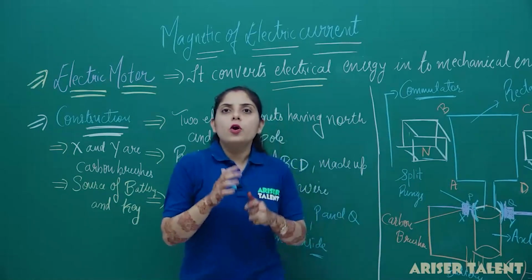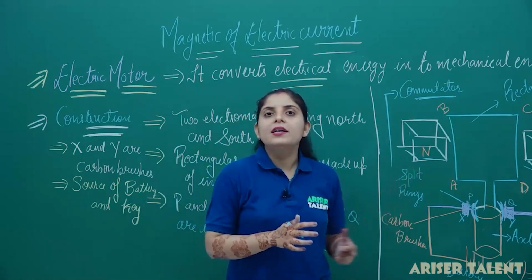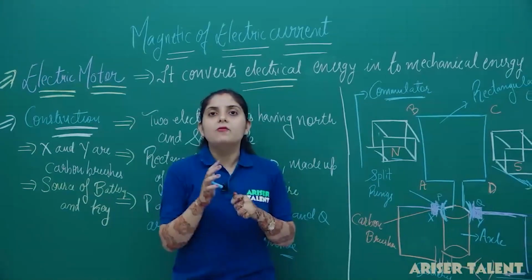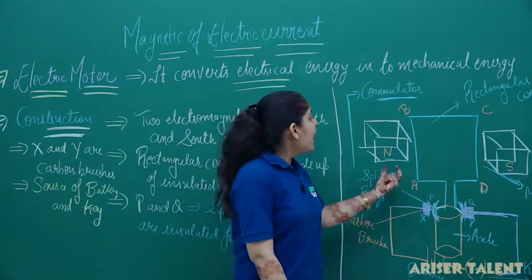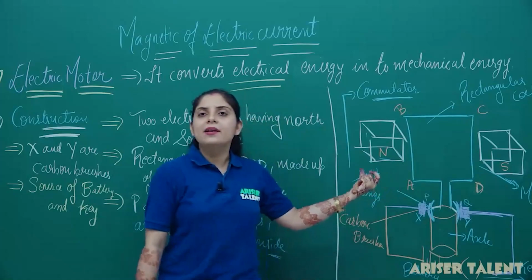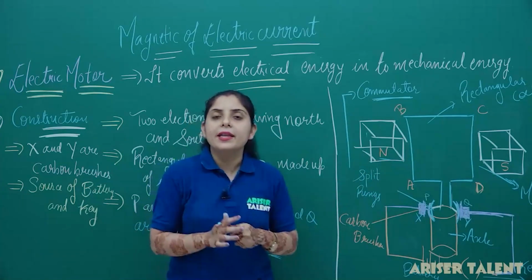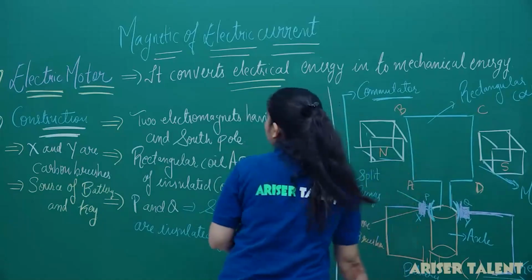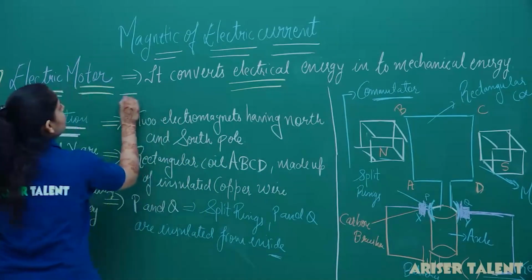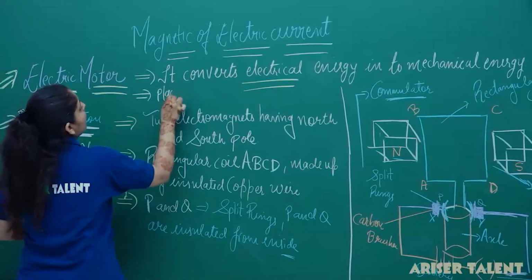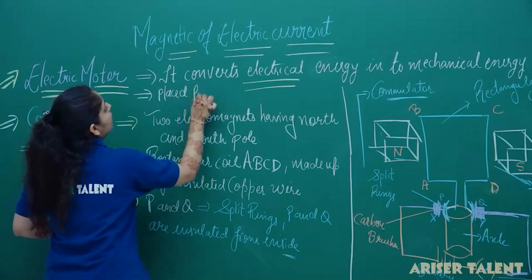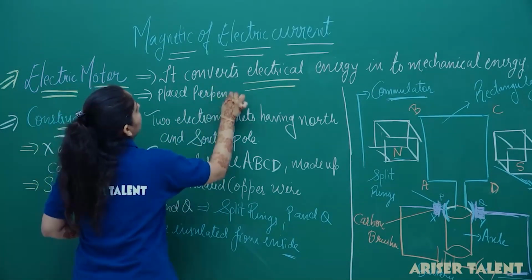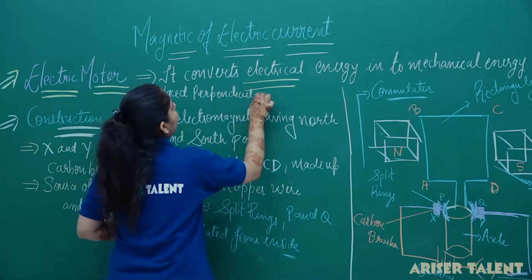Now, if you want to find out the direction of the current in the system, we have to apply Fleming's left hand rule, and this rectangular coil ABCD is placed perpendicular to the magnetic field in this system. So I can say that this coil is placed perpendicular to the magnetic field.